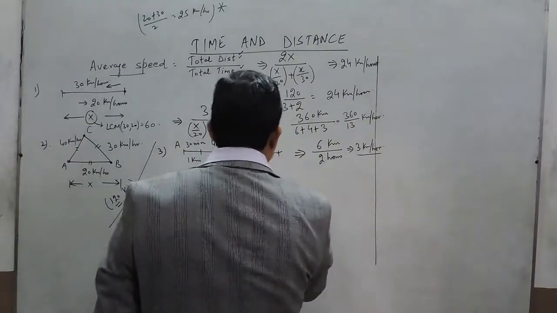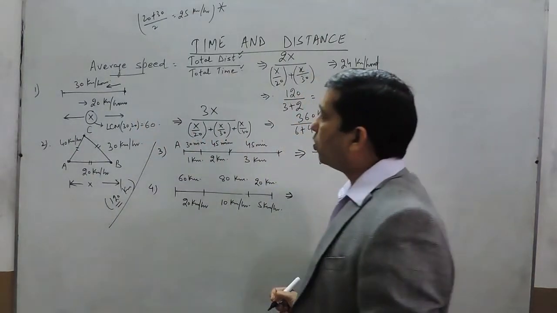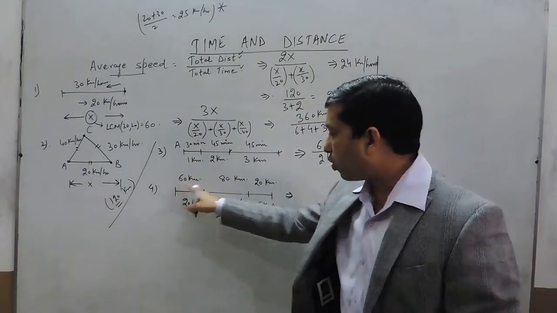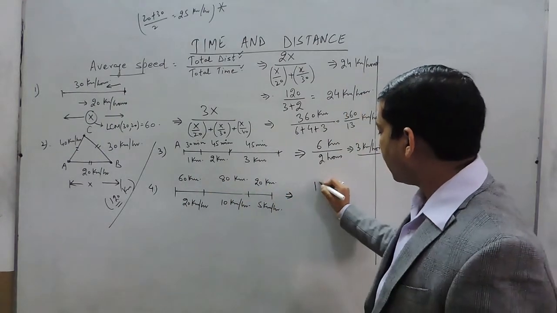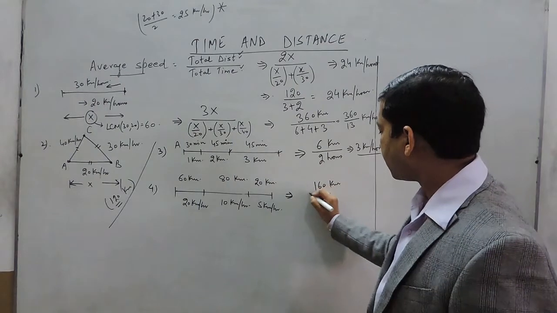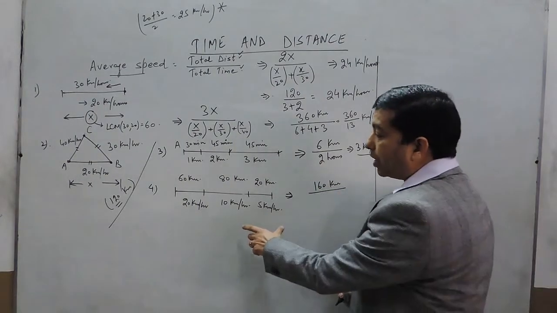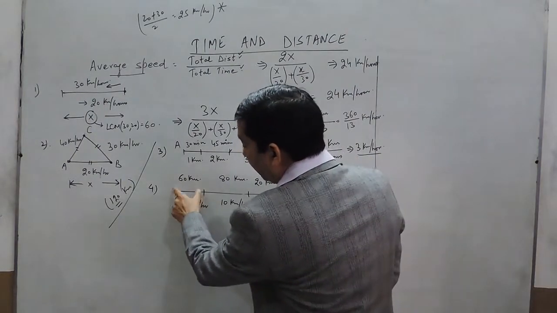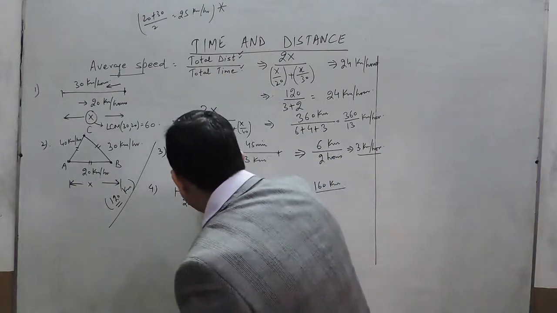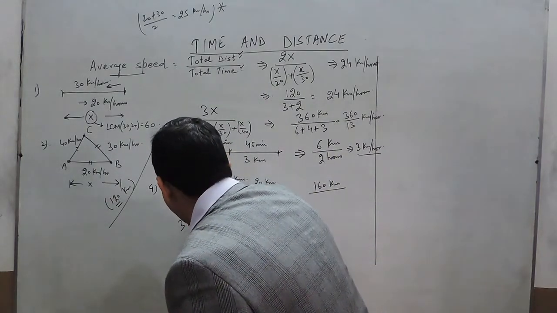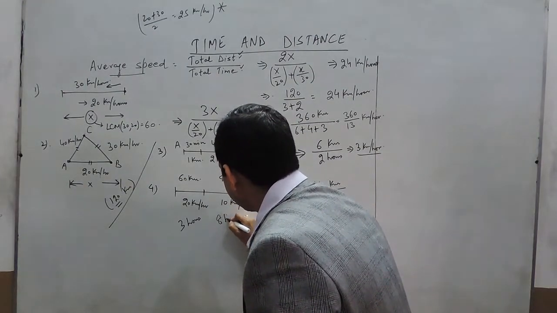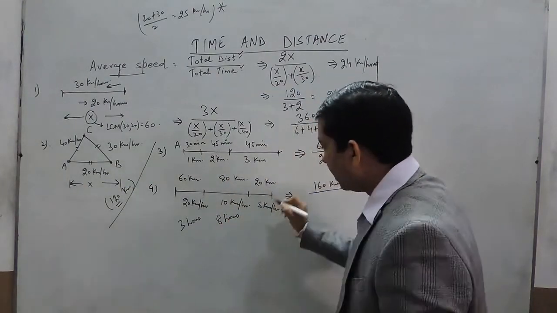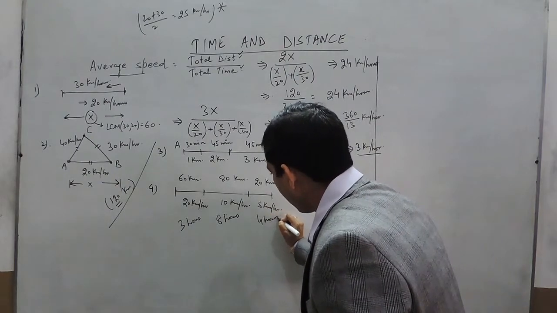Again, we know the formula: average speed is equal to total distance upon total time. So the total distance will be 60 plus 80 plus 20, which comes out to be 160 kilometers. While the total time: 60 kilometers at a speed of 20, he will take 3 hours; here he will take 8 hours, and here he will take 4 hours.